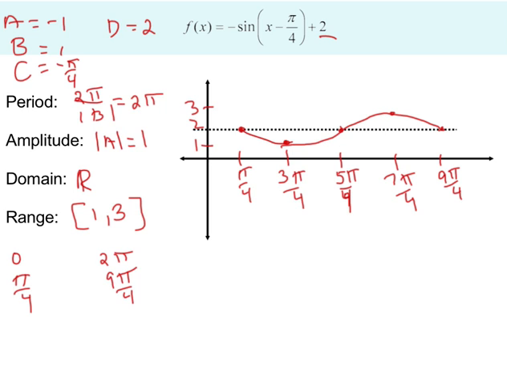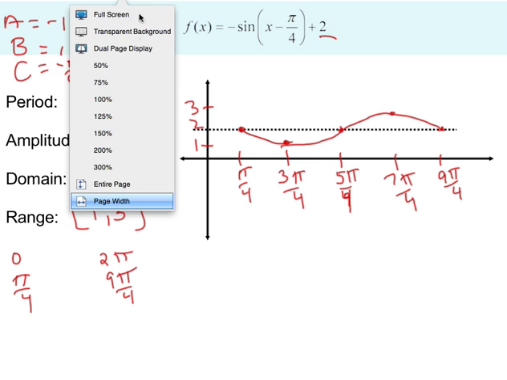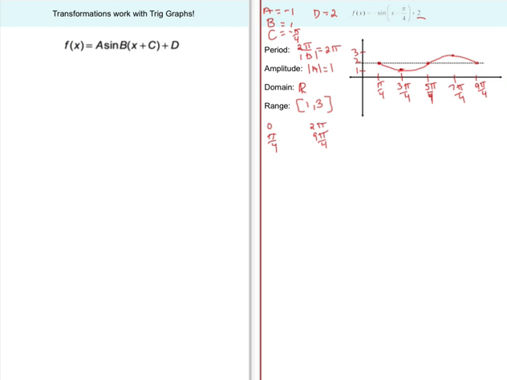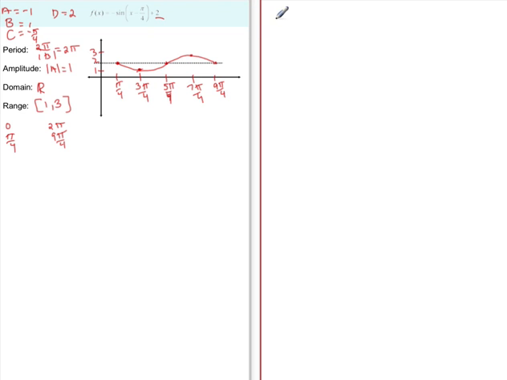So now I'm just going to summarize what we did. The first thing that we had to do was determine the period. We do this by taking our parent function period and dividing by the absolute value of b.